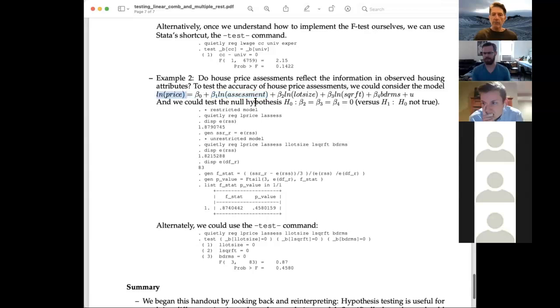Conditioning on assessment, log lot size, log square feet, bedrooms have no additional predictive power, because all of their meaning for housing prices is already incorporated in the assessed values. So it's an interesting application of hypothesis testing to test this idea of efficiency in a particular situation.